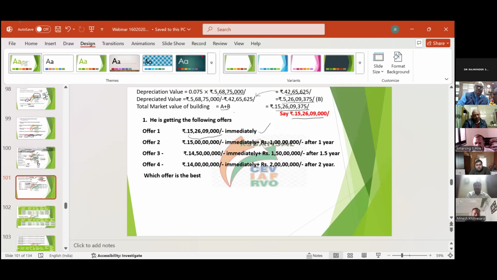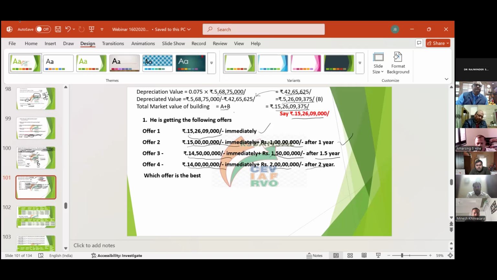Or 15 crore immediately plus 1 crore after 1 year. Or 14 crore 50 lakh immediately and 1 crore 50 lakh after 1.5 years. Or 14 crore immediately plus 2 crore after 2 years.